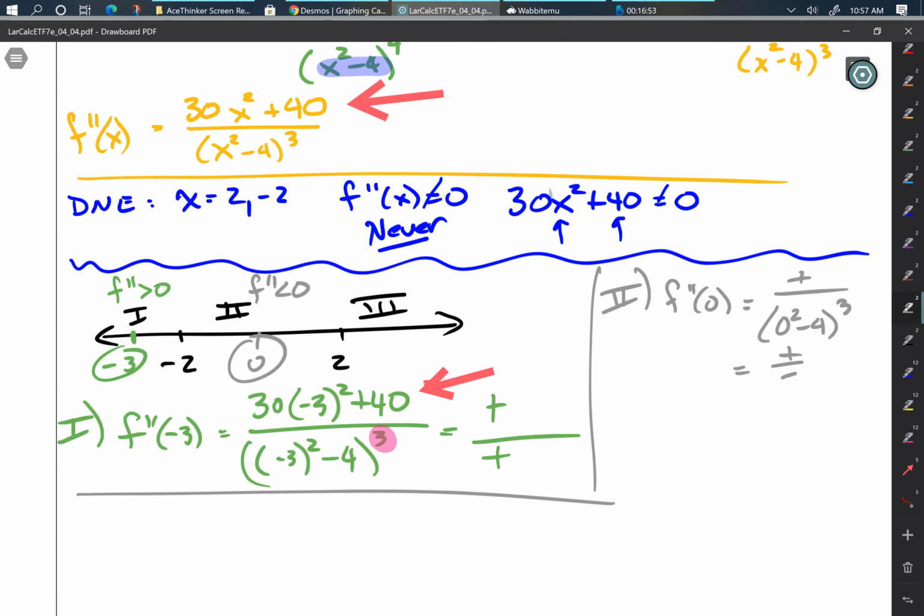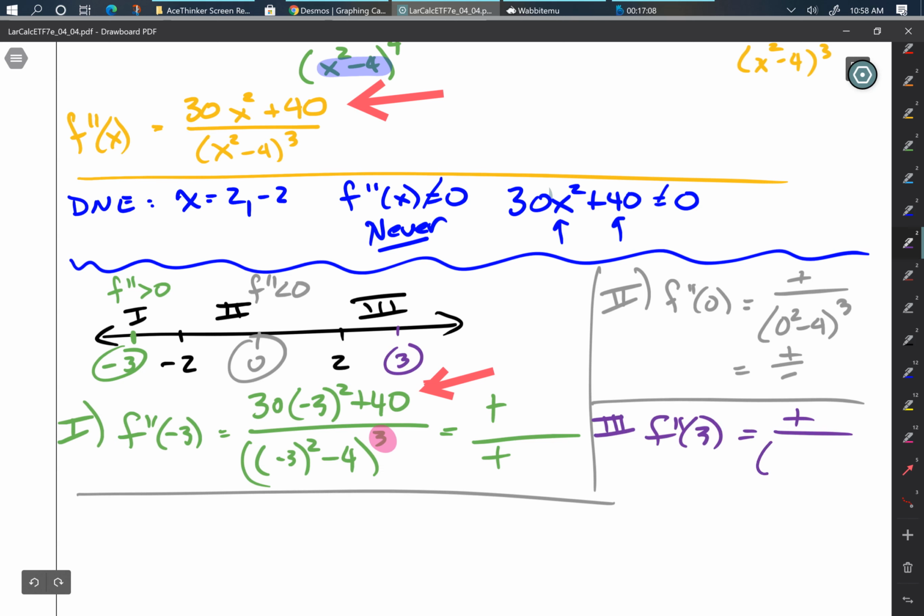Okay? Interval number 3. I'm going to use 3. What is f double prime of 3? Well, I know the numerator is positive. Downstairs, I'm going to have 3 squared minus 4 cubed. But this is going to be 5 again downstairs, so that's going to be positive again. So our second derivative will be greater than 0.